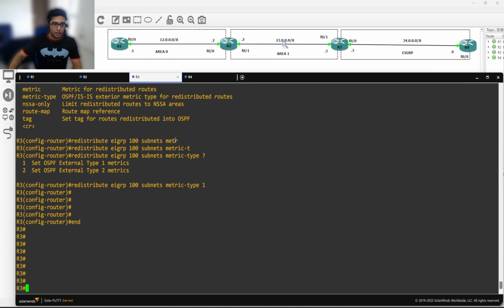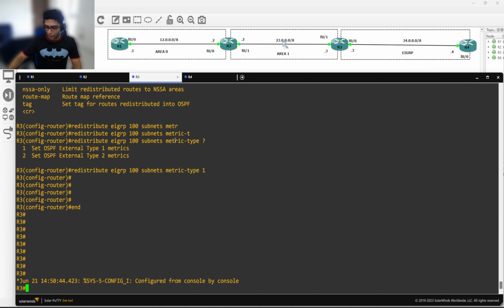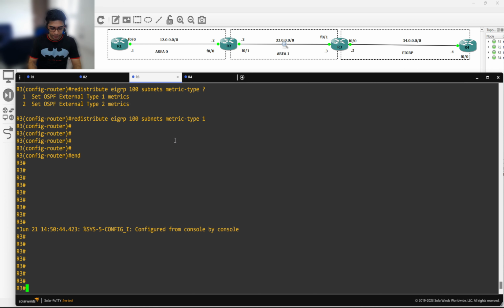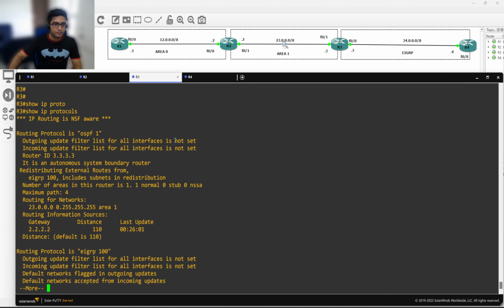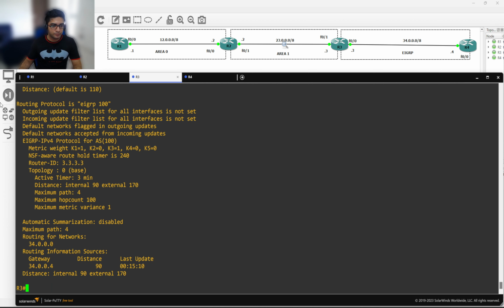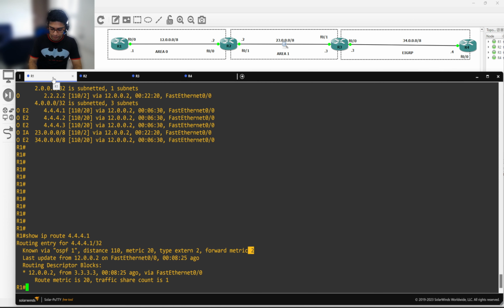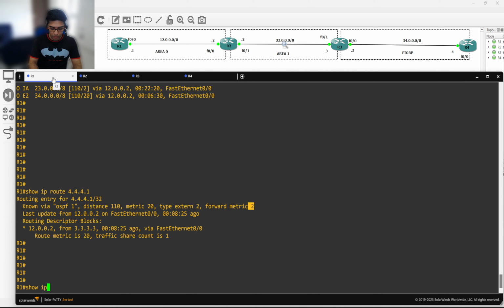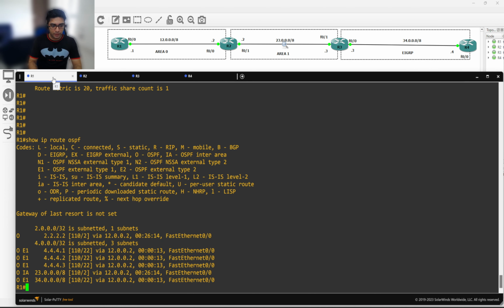Okay. Now, what are the changes that we can see? Show IP protocols. We will see the changes in R1. Show IP route OSPF.